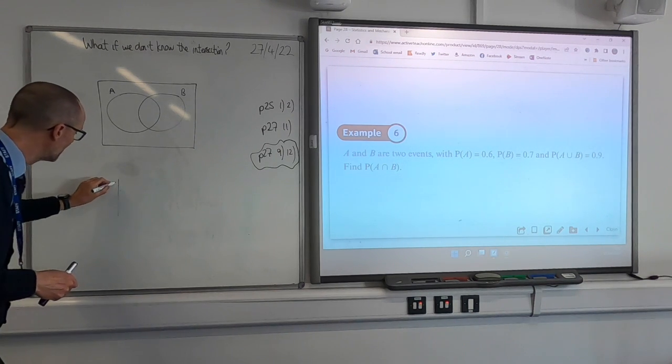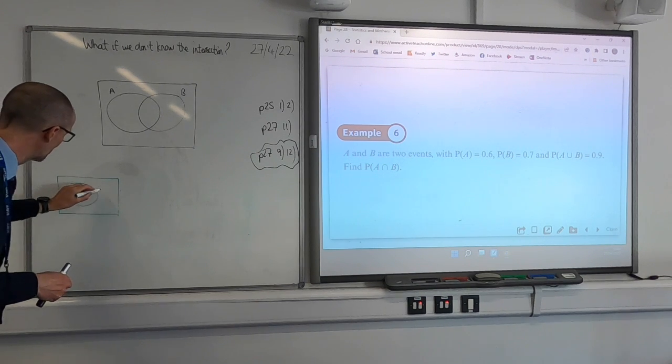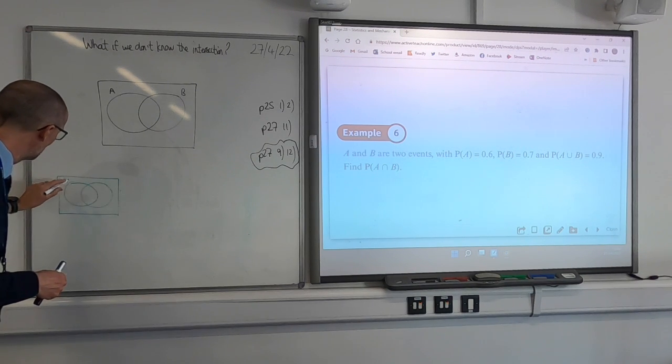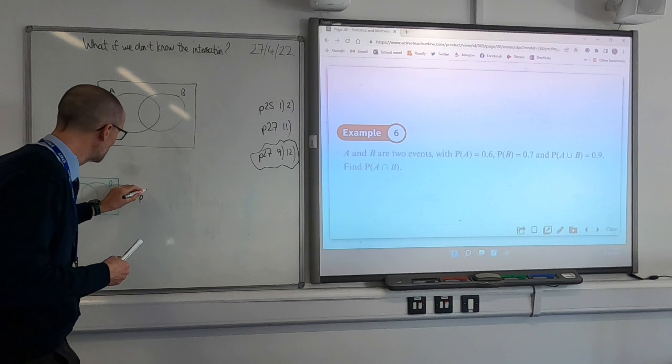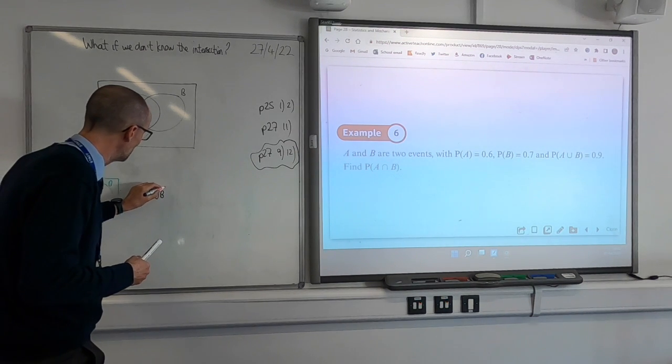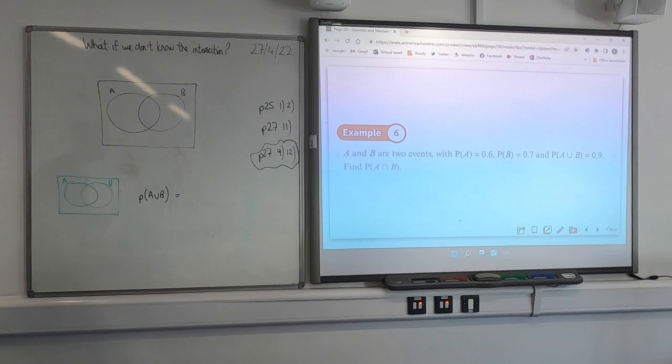So there is an equation which we can use. It's a sort of common sense equation really, but it's stated on the syllabus. If you've got two events like this, the probability of A union B is equal to the area of both circles.